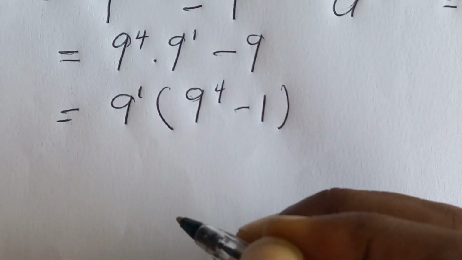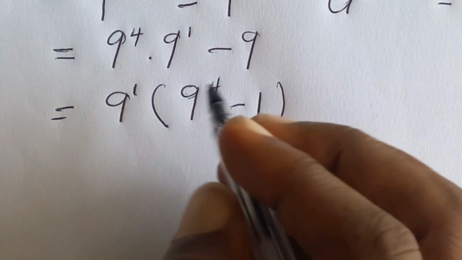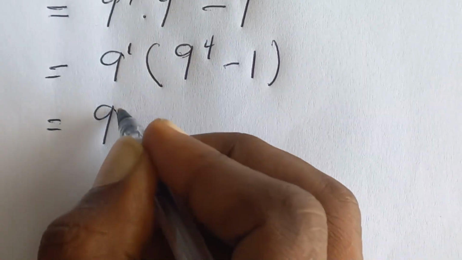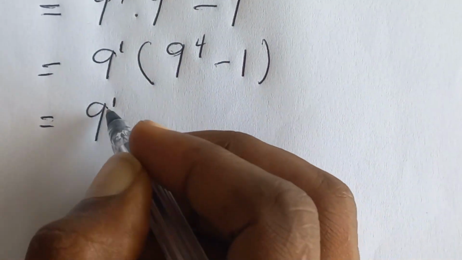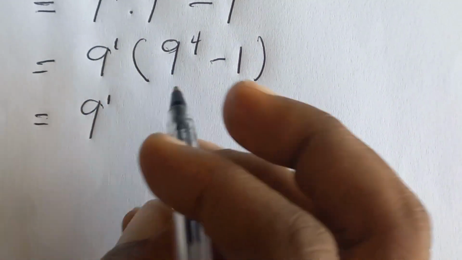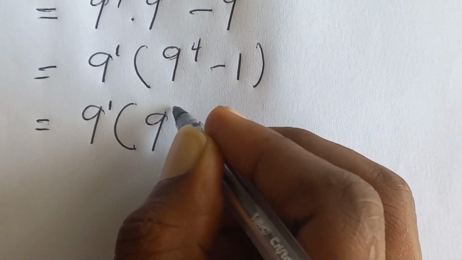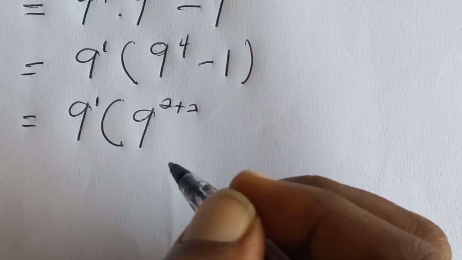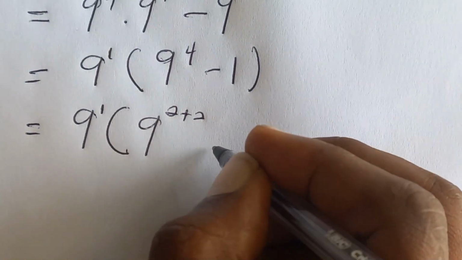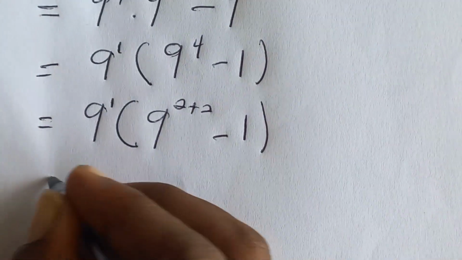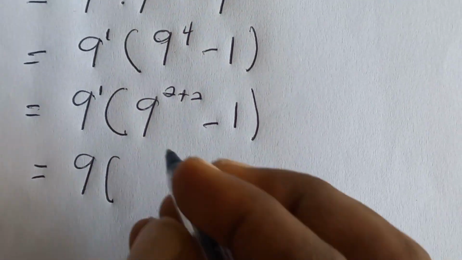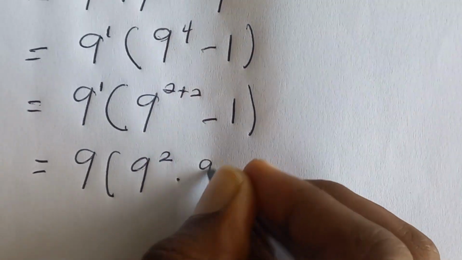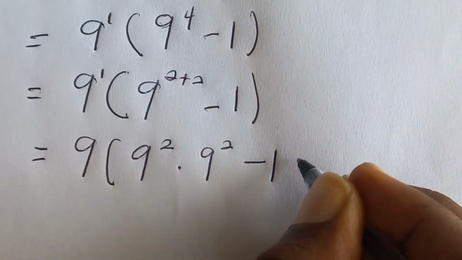Continuing the simplification, we get 9 exponent 1, which is the same as 9, and this 9 exponent 4 we can rewrite as 9 exponent 2 plus 2, minus 1, which is equal to 9 into bracket 9 squared multiplied by 9 squared minus 1.